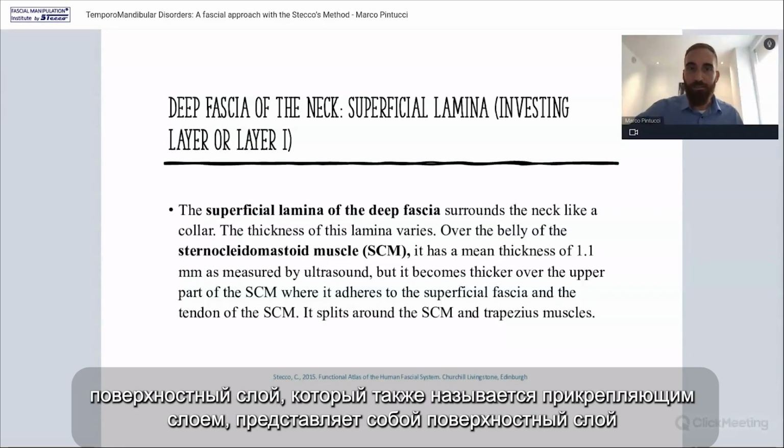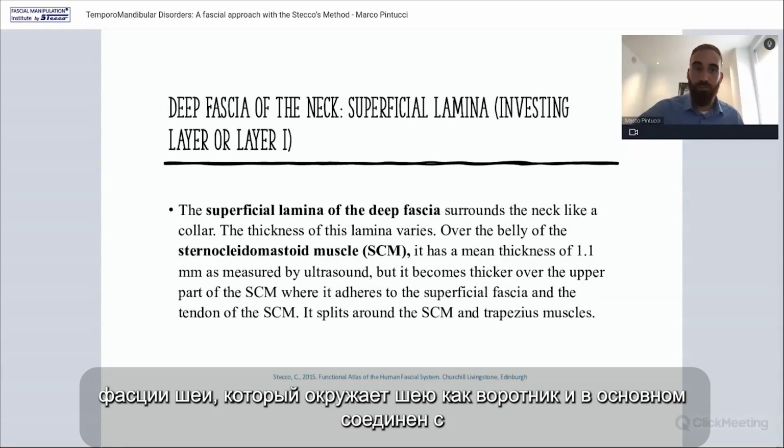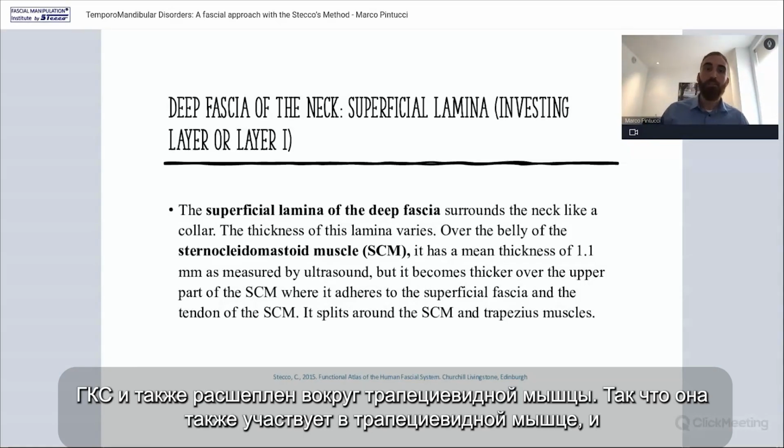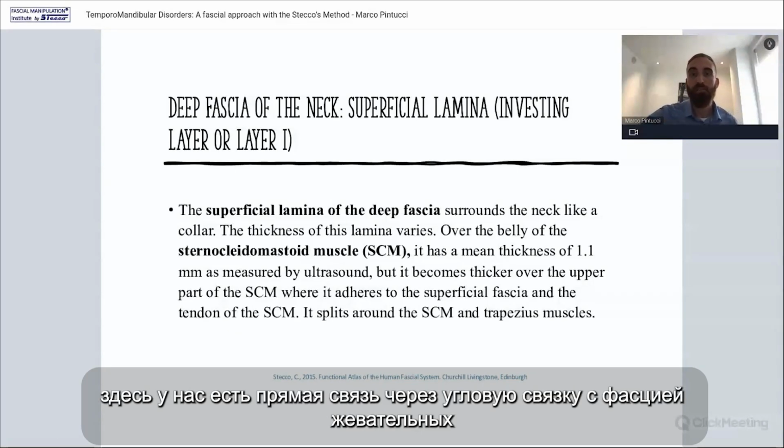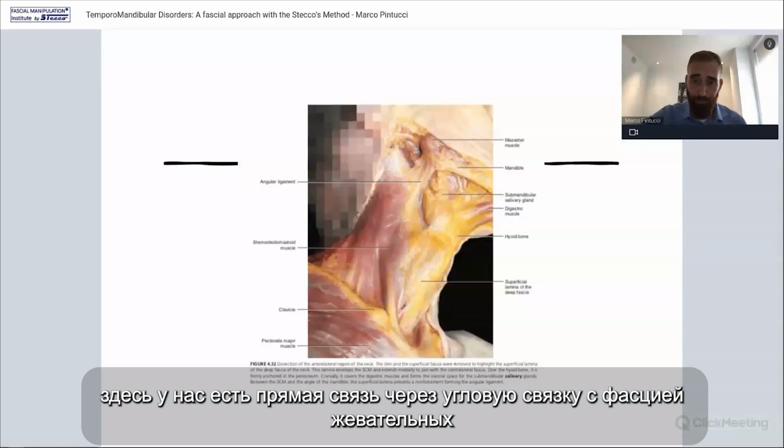The superficial layer, which is also named the investing layer, is the superficial layer of the deep fascia of the neck. It's around the neck like a collar and is connected to the sternocleidomastoid muscles, and also splits around the trapezius, so it's also involved with the trapezius. And here we have a direct connection through the angular ligament with the fascia of the masseteric muscle.